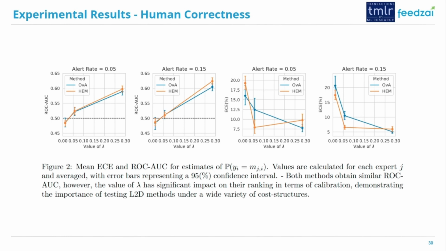We show that while our approach seems to have slightly larger areas under the curve, the value of lambda has significant impact on the ranking of the algorithms in terms of calibration, demonstrating the importance of testing learning to defer systems under a wide variety of cost structures.